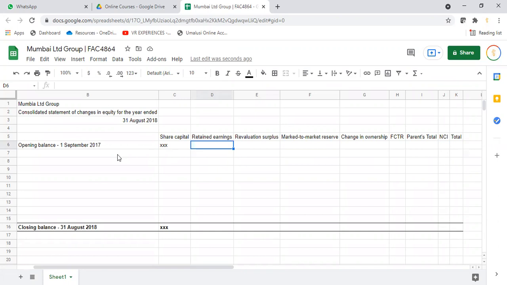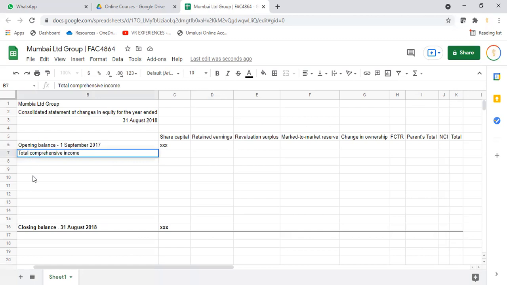So let's talk about the movement. There are different types of movements that can go through here. One movement would be total comprehensive income. Total comprehensive income comes from the income statement.